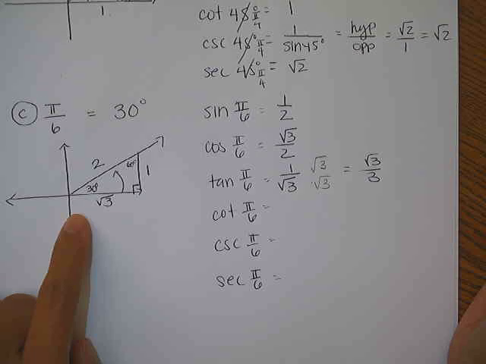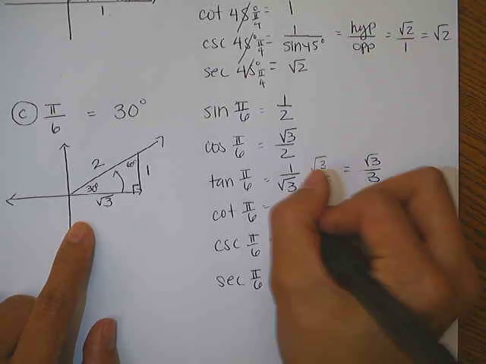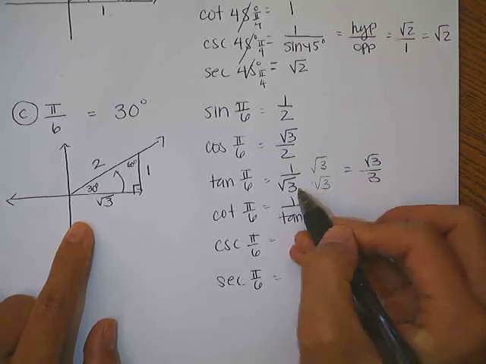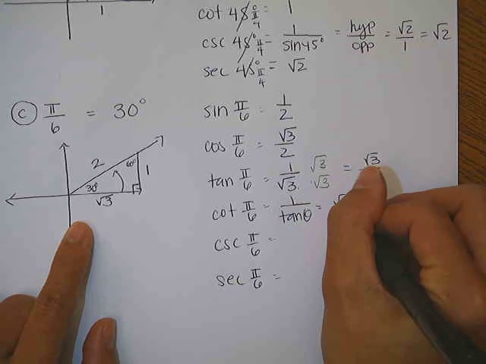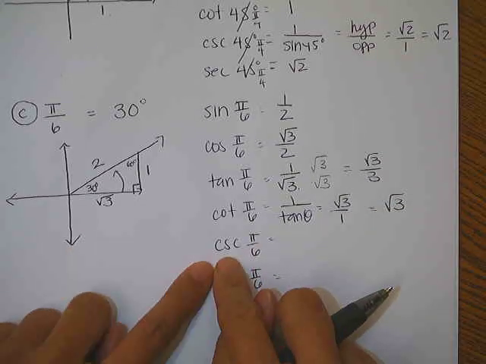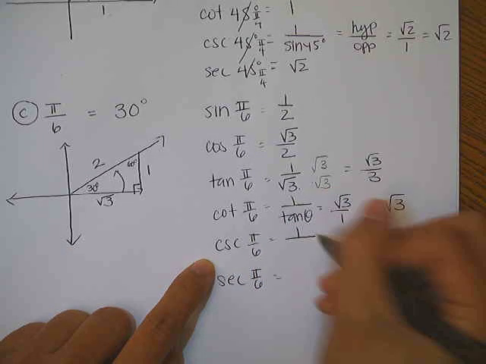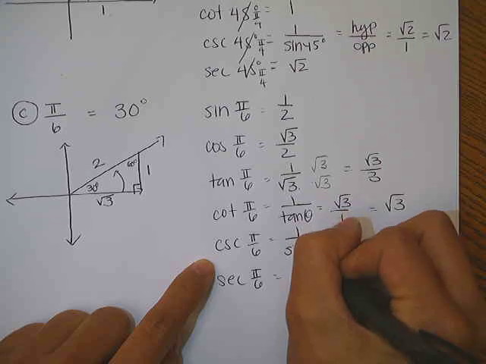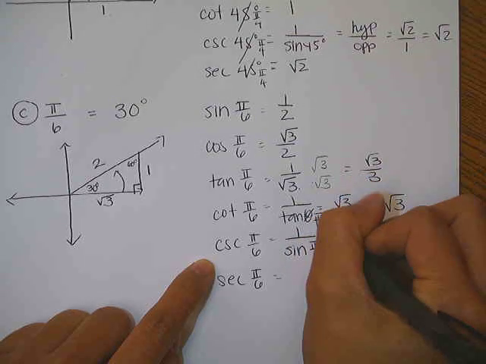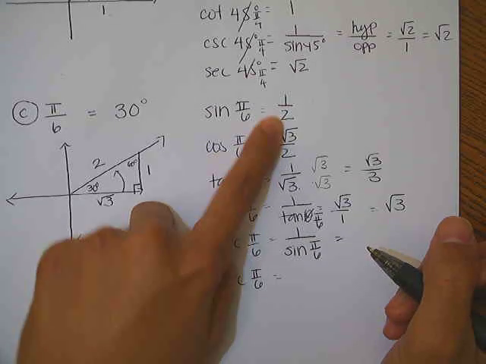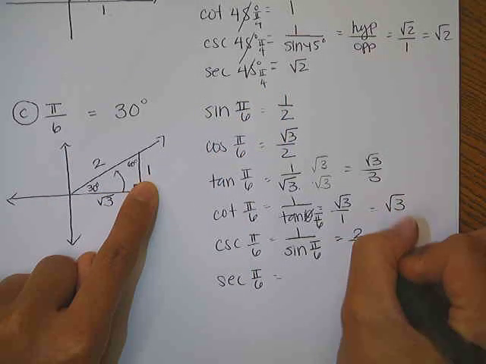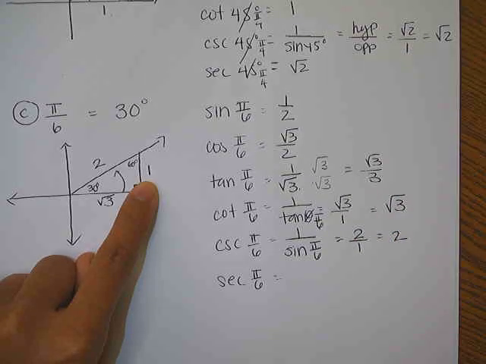And cotangent is going to be the reciprocal of tangent. So if I take this and flip it, I'm going to have rad 3 over 1, which is going to end up with rad 3. Cosecant is going to be the reciprocal of sine of pi over 6. And sine is opposite over hypotenuse, so it's really hypotenuse over opposite, which is 2 over 1, which is really 2.